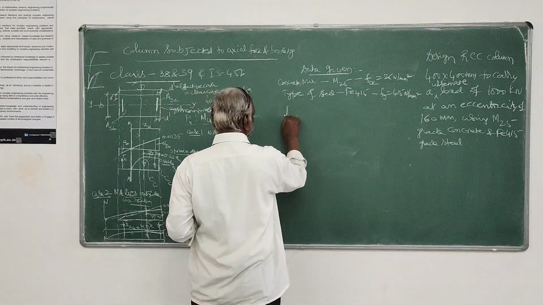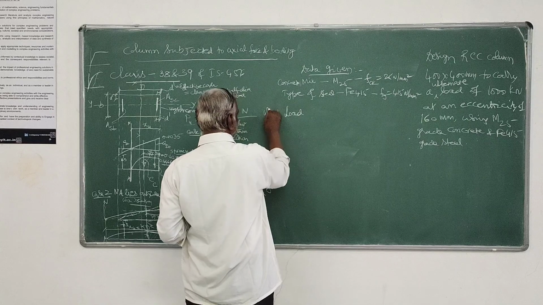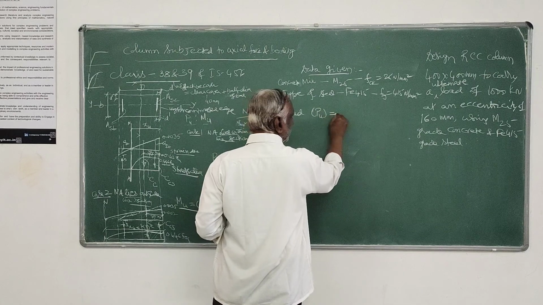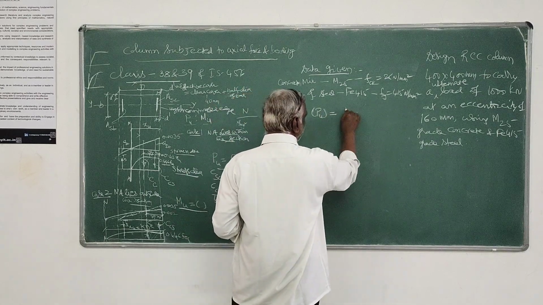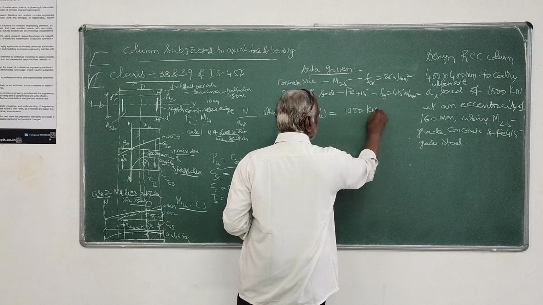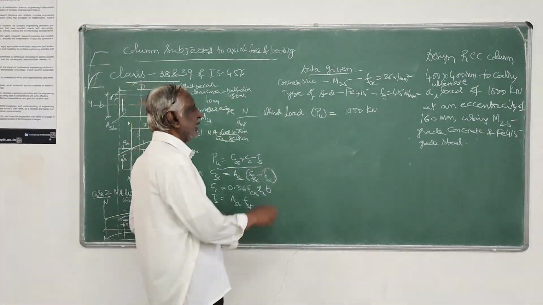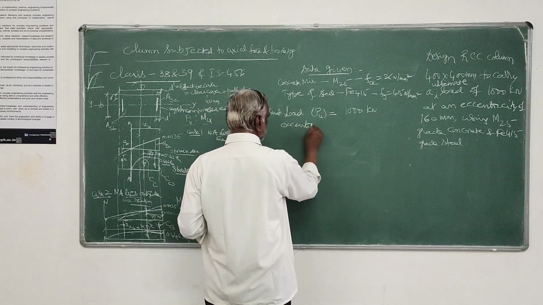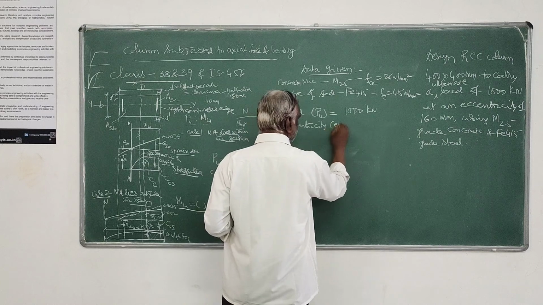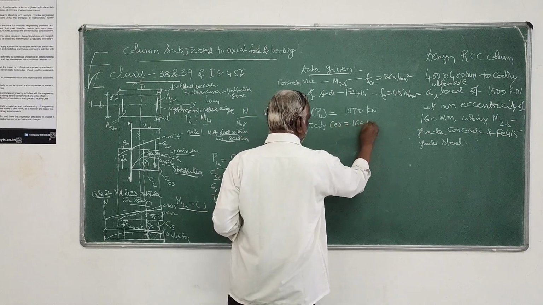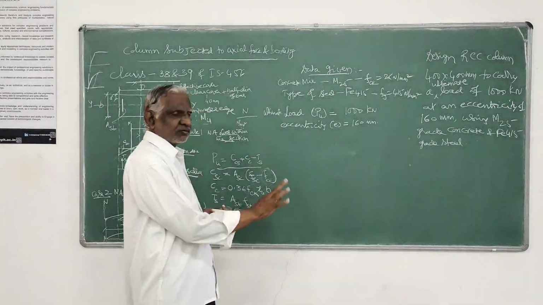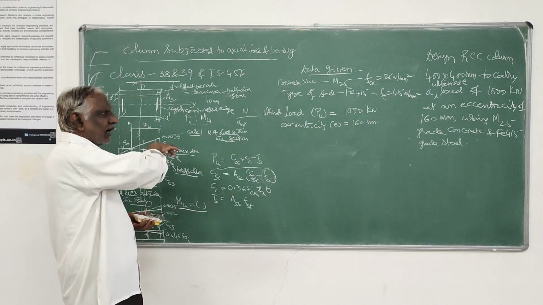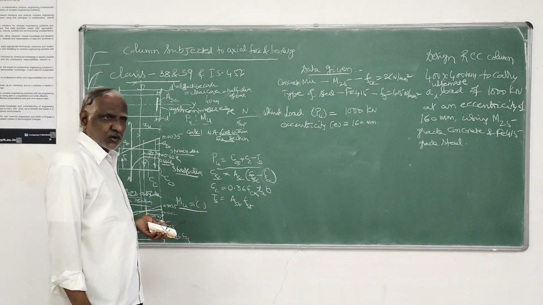Now this ultimate load Pu is straight away given, 1000 kilonewtons. And eccentricity is given, 160 millimeters.